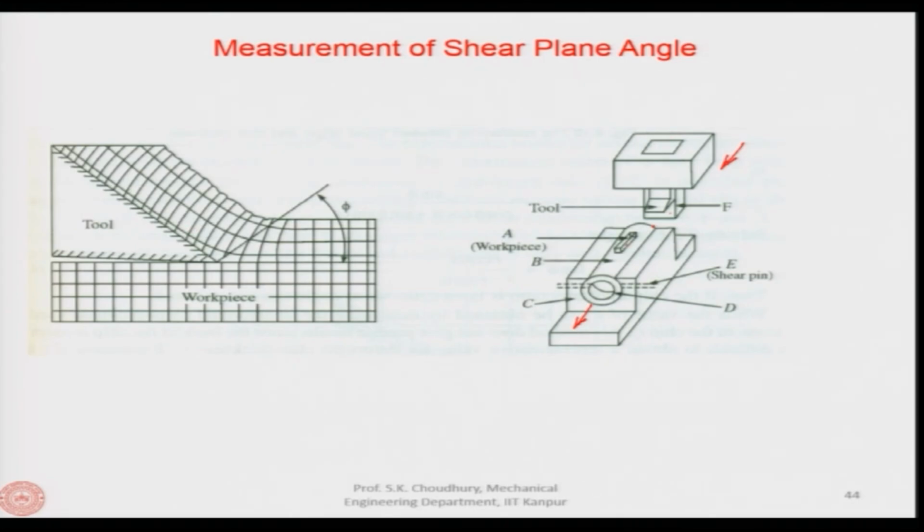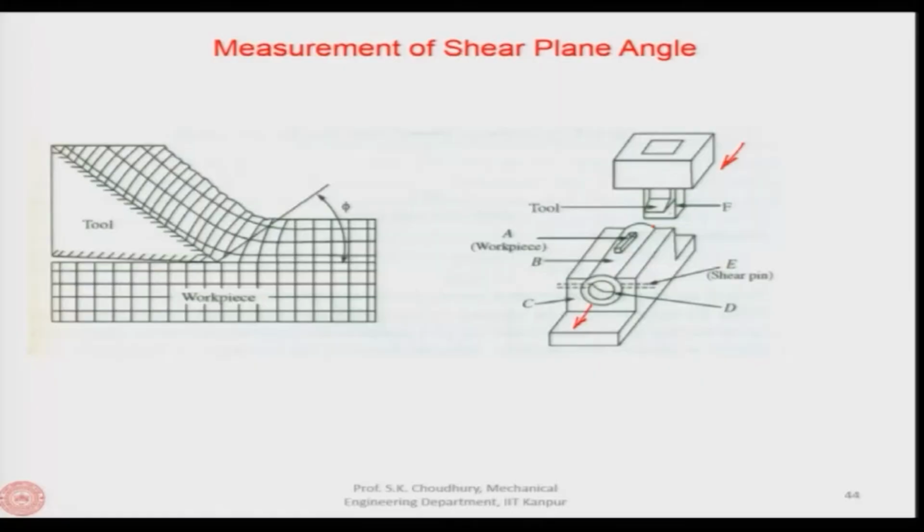Now, if the workpiece is graduated like this, we can find out how these graduations have been deformed, and then we can clearly see a line through which the deformation has gone. If we join these points, we can measure under the microscope the value of phi, which is the shear plane angle.